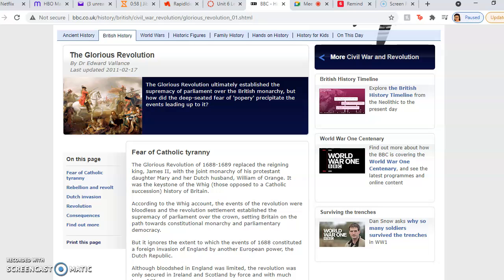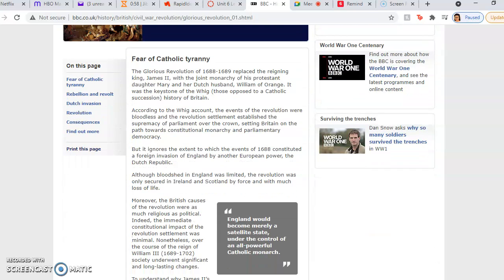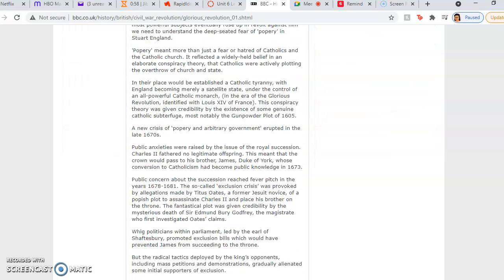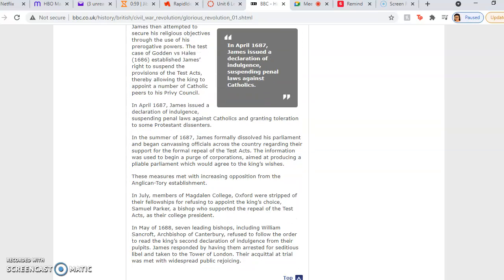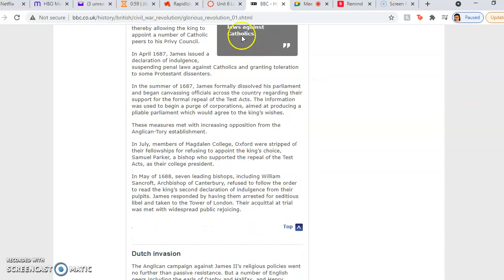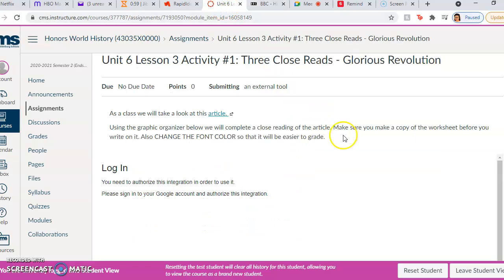So you actually have a pretty lengthy read because you need to know the fear of the Catholic tyranny, rebellion and revolt, Dutch invasion, revolution, and consequences. So you will be reading this information in this article, every section, because you also have a graphic organizer.